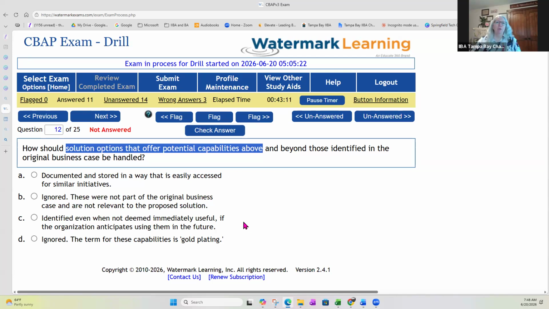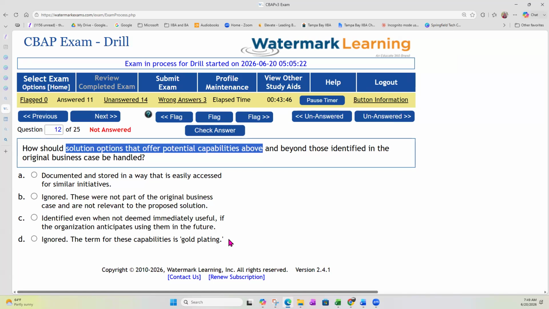Should they be identified even when not deemed immediately useful if the organization anticipates using them in the future? Or should they be ignored? The term for these capabilities is gold plating. What does the BABOK say we should do with these? Should be documented and stored.